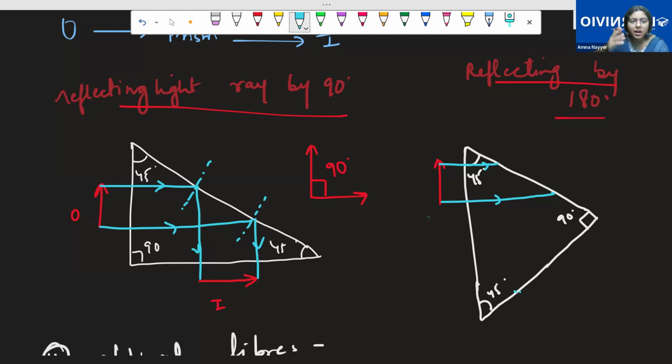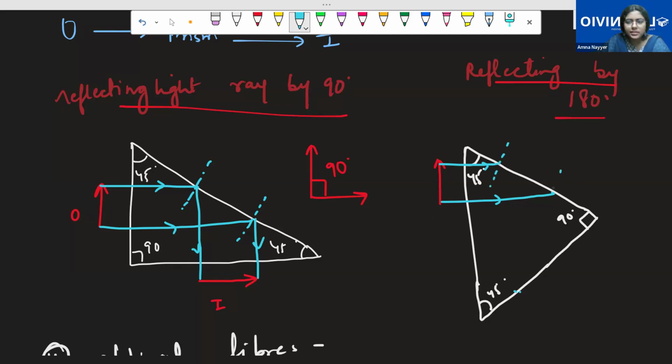The diamond part, these prisms and all, are constructed so that the object is kept at such angles. All these are calculated experimentally. That's why we have the final concluded data, and that's why we are directly using it. You also remember these prisms as they are. Numericals can come from this, but directly based on prisms, it's different. In the prism part, we'll see those numericals.